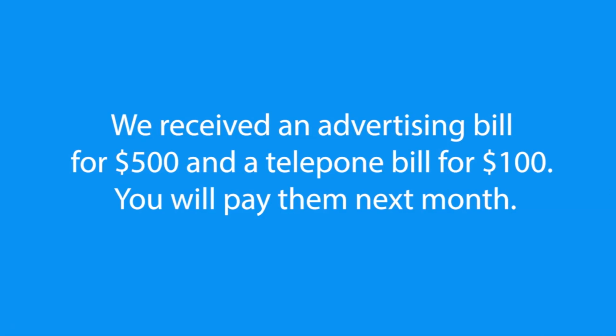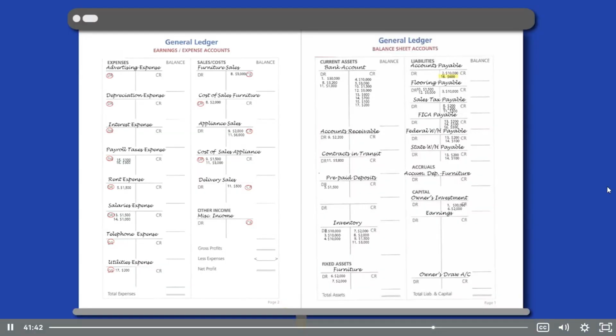Okay, Michael, what'd you do? I credited my accounts payable $600. Okay, for the total of both of them.